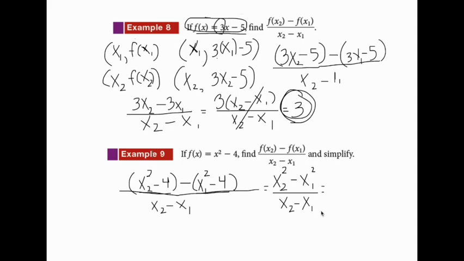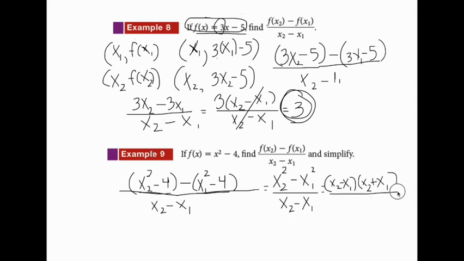Now, I can keep simplifying because x2 squared minus x1 squared is the difference of squares, and we know how to factor that. When we factor it, it's x2 minus x1 times x2 plus x1.